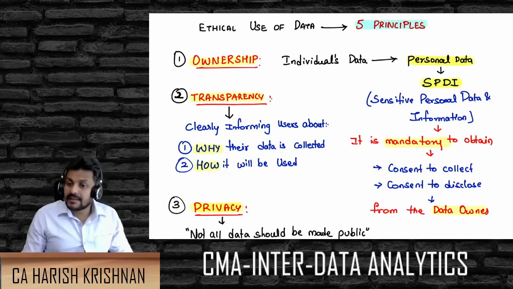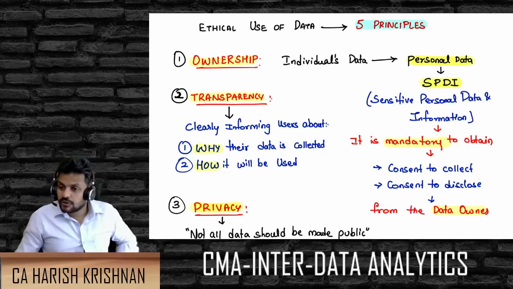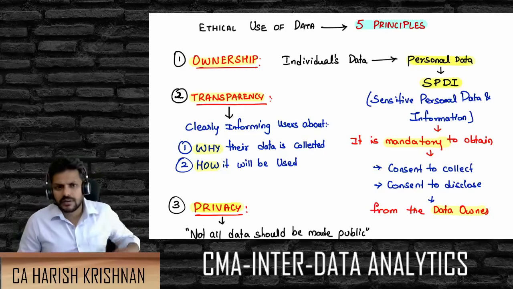One is to take the consent of the person from whom you are collecting, and then whenever you are disclosing that information also, you have to take the consent of the person, called consent to disclose. So two consents are something that we are talking about here: consent to collect and consent to disclose.